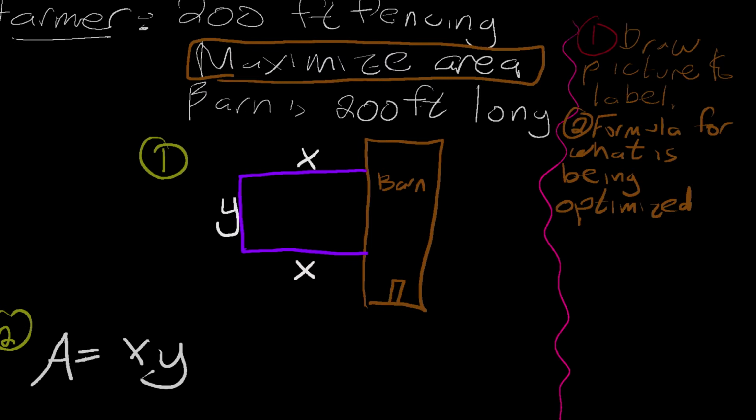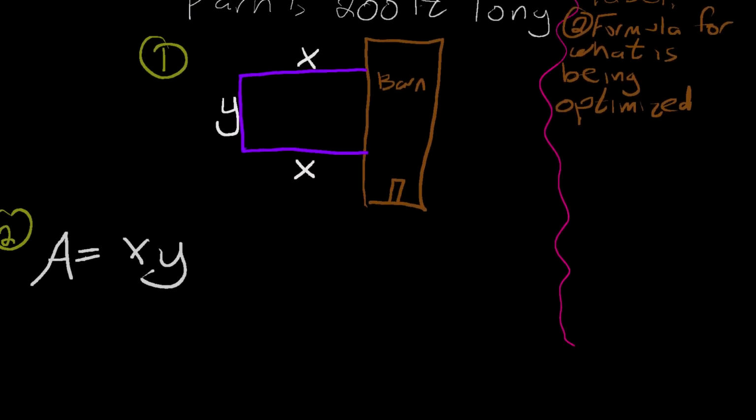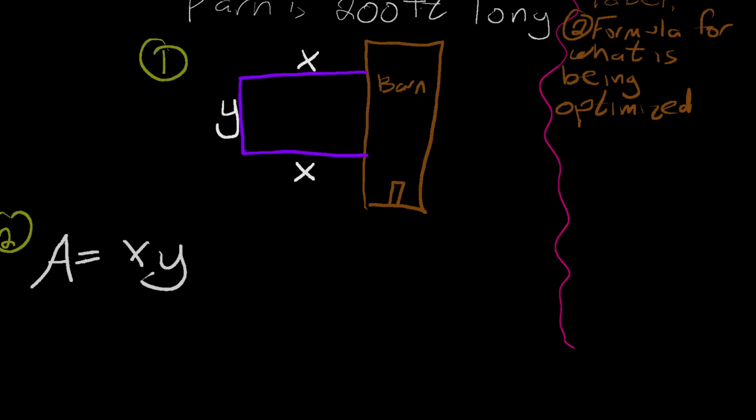Once we have that, notice how what we want to do is we want to maximize the area, but the issue is that I've got two variables here. So, well, how do I turn that into an equation for one variable?